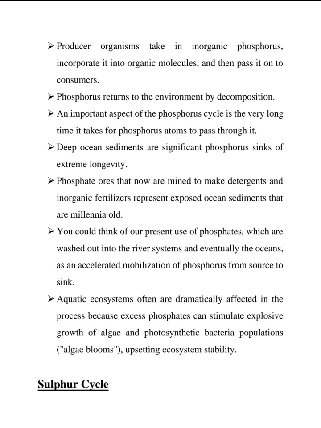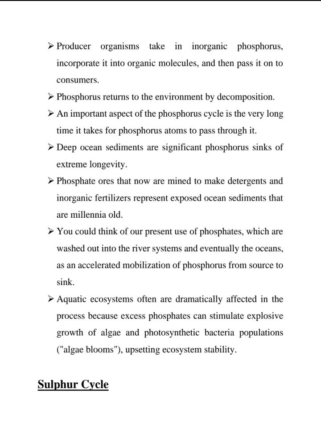An important aspect of the phosphorus cycle is the very long time it takes for phosphorus atoms to pass through it. Deep ocean sediments are significant phosphorus sinks of extreme longevity.